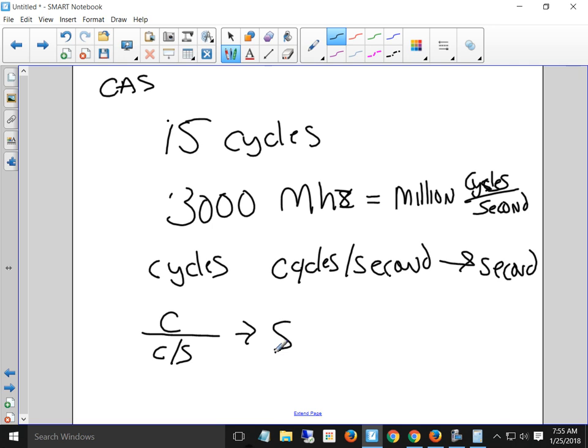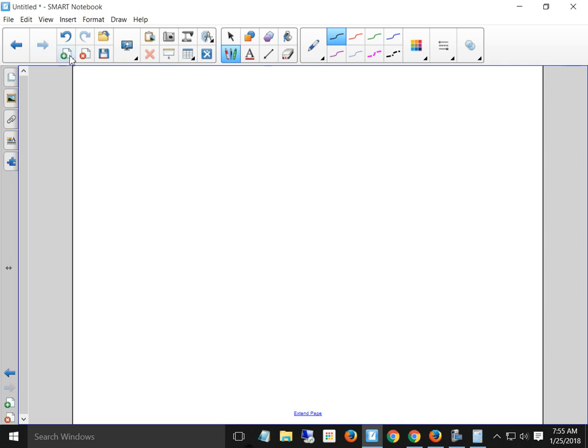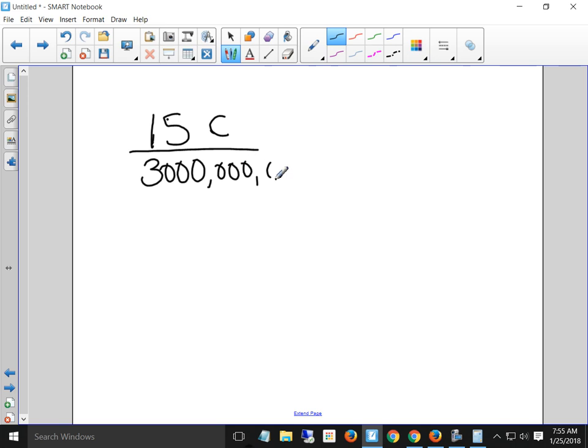So we have to divide our CAS by our speed. So we take our 15 cycles divided by our 3000 million cycles per second, and we equal some number.